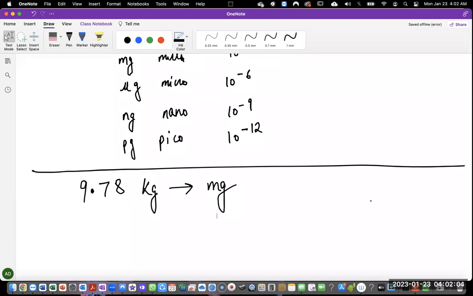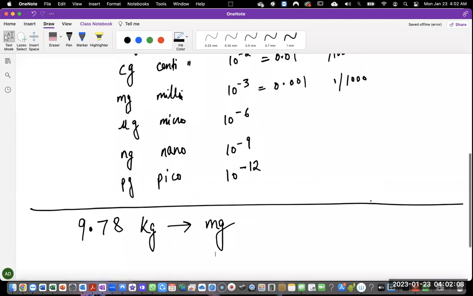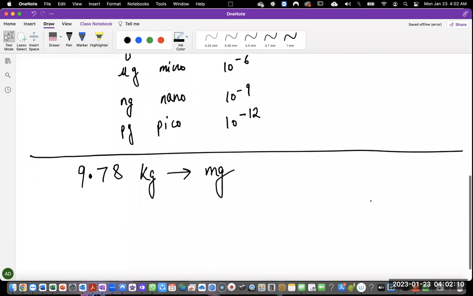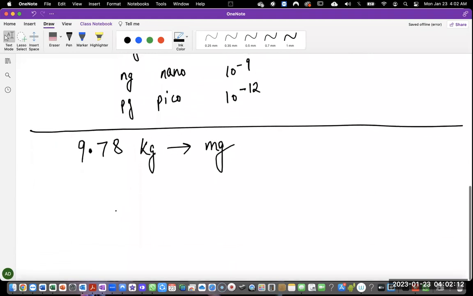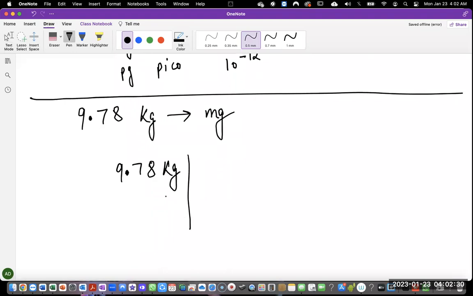But if you have been struggling with unit conversions like these, especially the ones with these prefixes, I highly suggest you pay attention and follow this methodology. So first of all, we will write down the numbers that we're given. 9.78 kilograms is what we are given. We will set up our conversion chart like this.